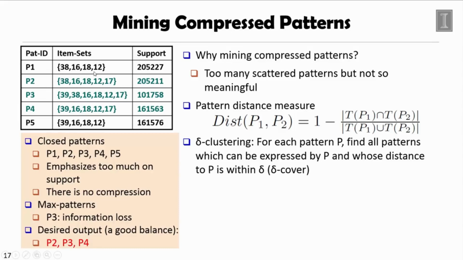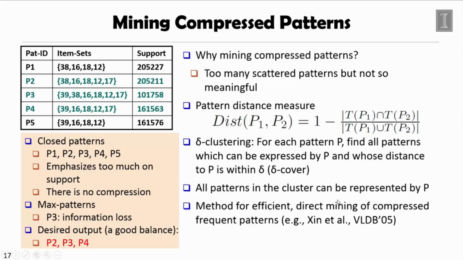P1 just has slightly fewer item sets, but their supports are so close that we may say they are within this delta cover. So for delta clustering, we can cluster P1 and P2 together, using P2 to represent the pattern. All the patterns in the cluster can be represented by one pattern P.